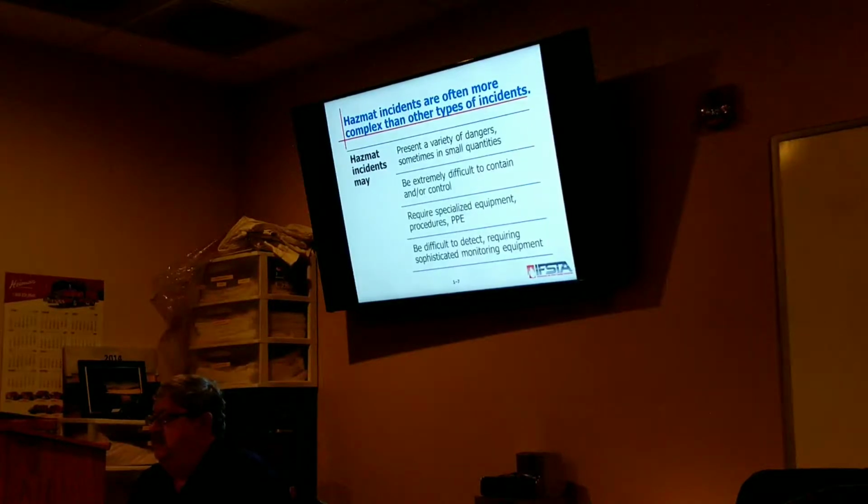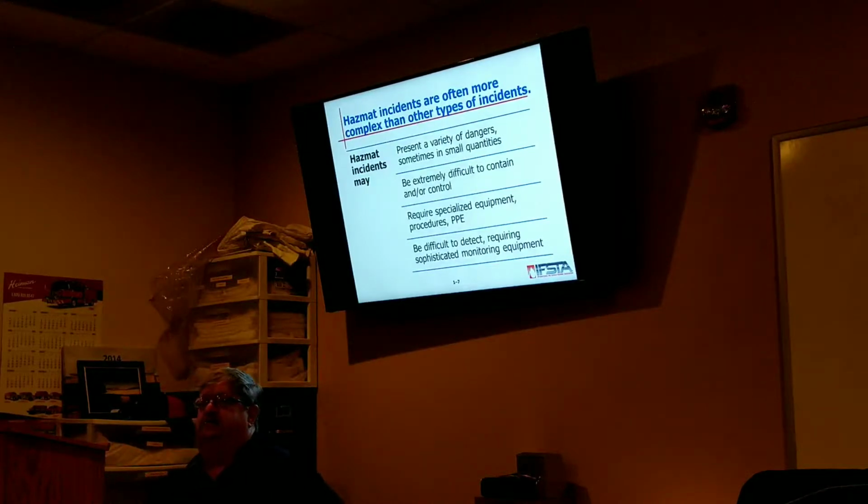Some of this hazardous material, it can be really difficult to contain or control. Depends on what form it's in. Sometimes it takes specialized equipment to do something, special procedures. We're going to have special personalized equipment to protect ourselves, PPE. Sometimes it's difficult to detect. Some of the gases are odorless.